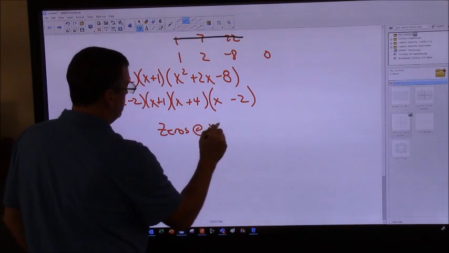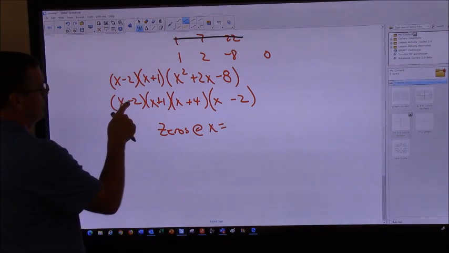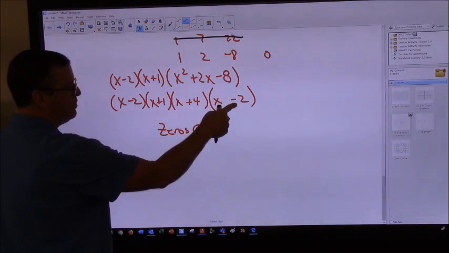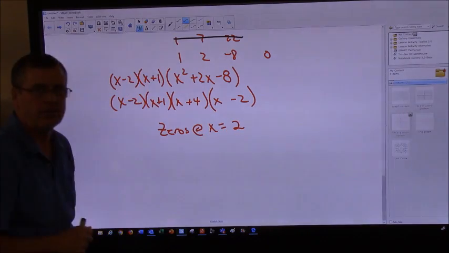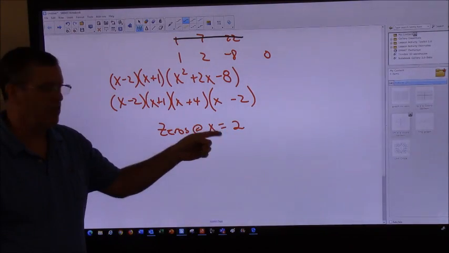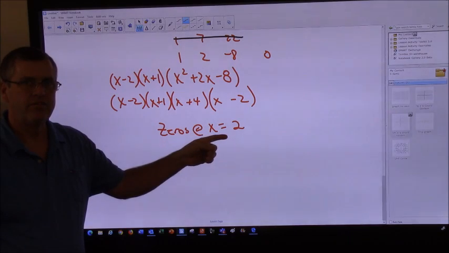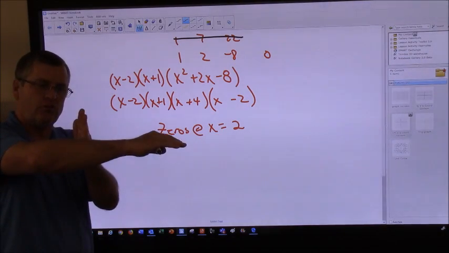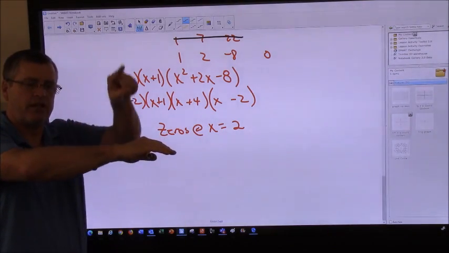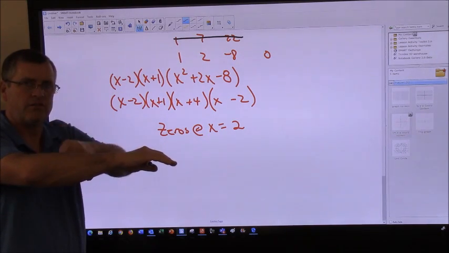So my zeros are at x equals 2 and 2. That means I've got an even multiplicity, right? So on the x-axis at 2, my graph is going to do something like this if I had to draw a picture of it.